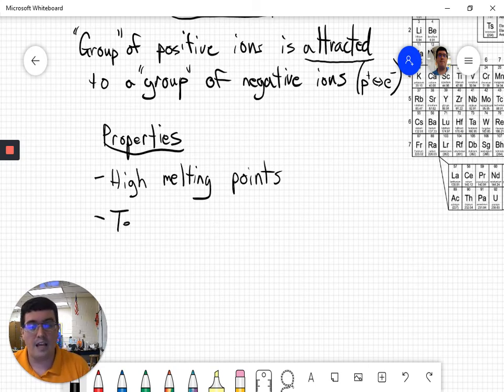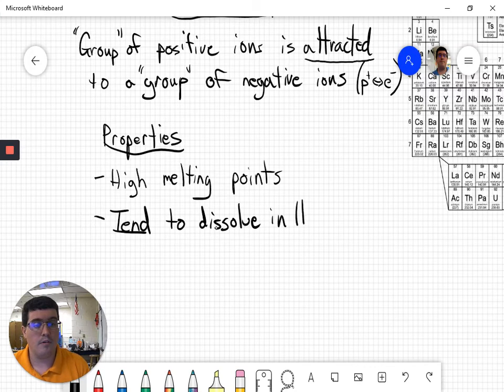Most of the ionic compounds, they tend to dissolve. You saw this in one of the labs where you could take that and you could dissolve it in water and it would change another property of the water.